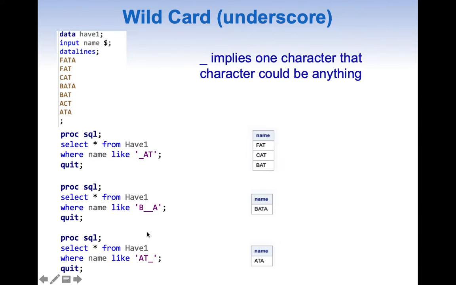So underscore can be used multiple times, like two, three, and we can use them in our queries. We can also use underscore at the end and it can have one value at the end that could be anything. In our case, it qualifies for this record ATA and we get our results.